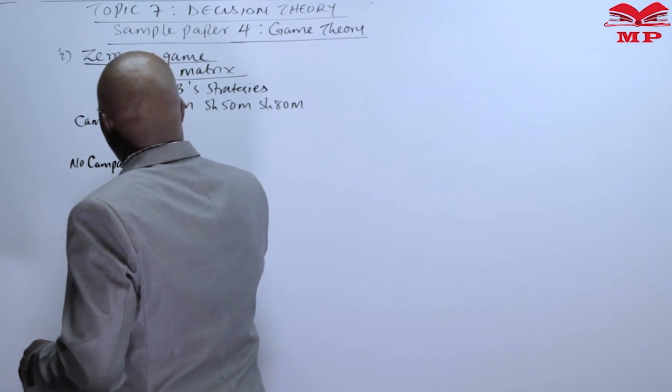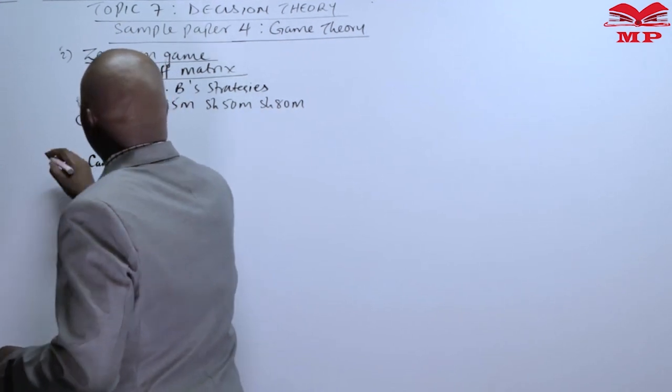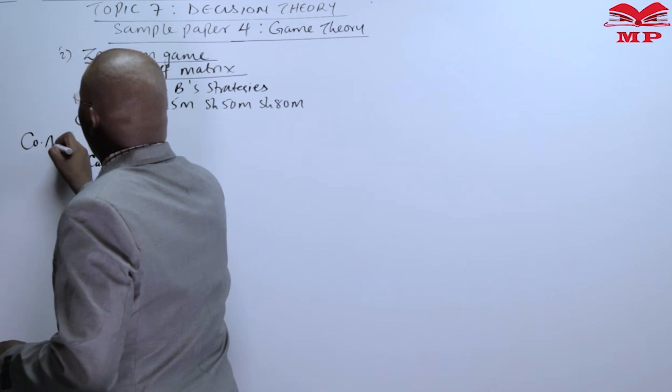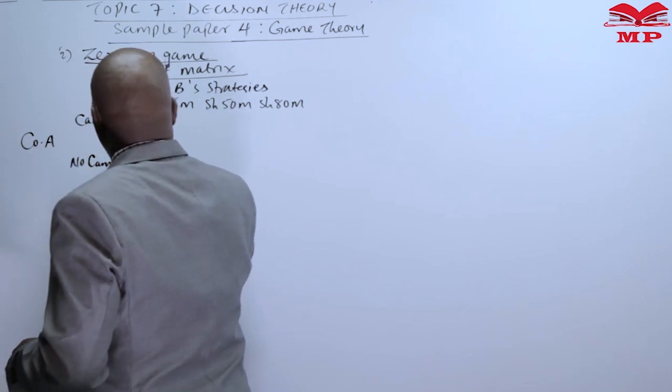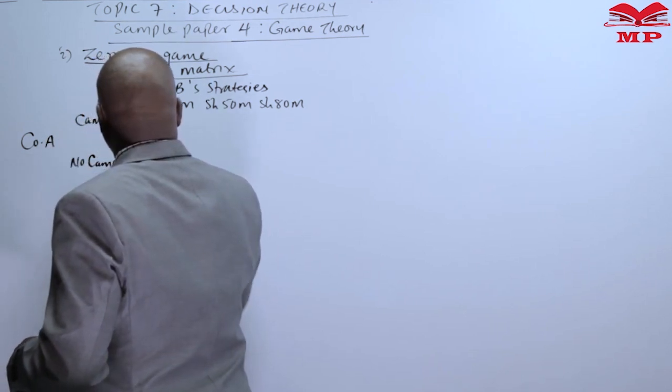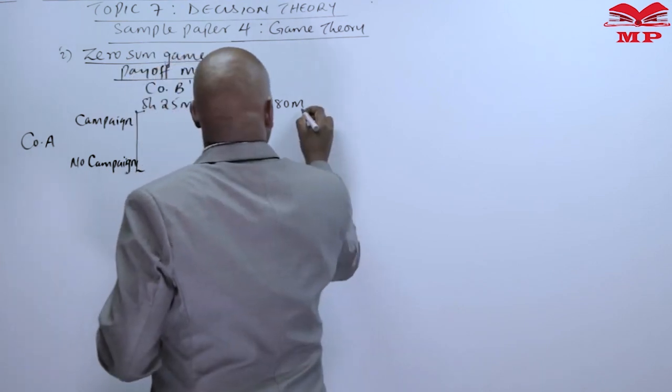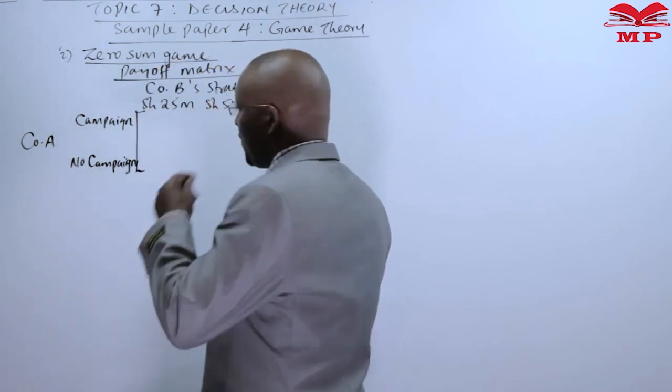Now we are going to have this way. This is company A. So campaign and then no campaign. The strategies are well laid, and then you have now the outcomes.